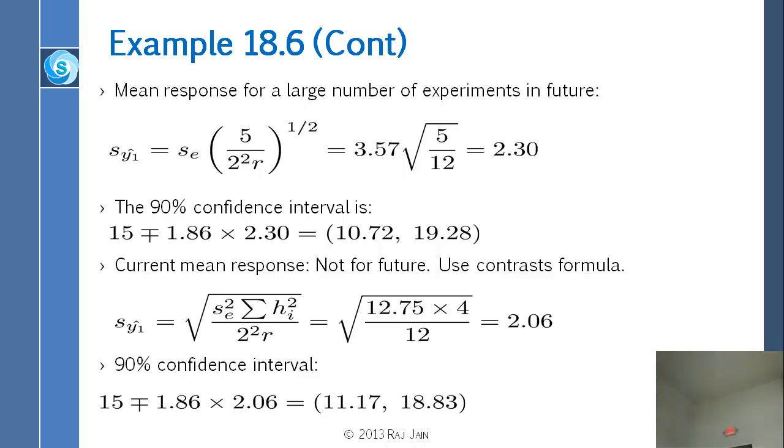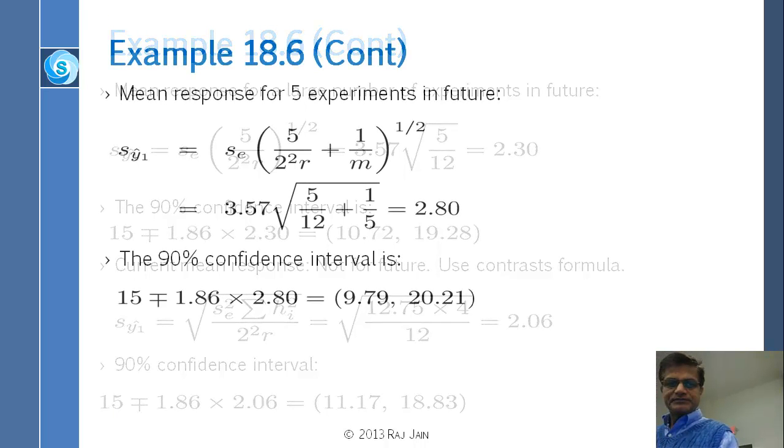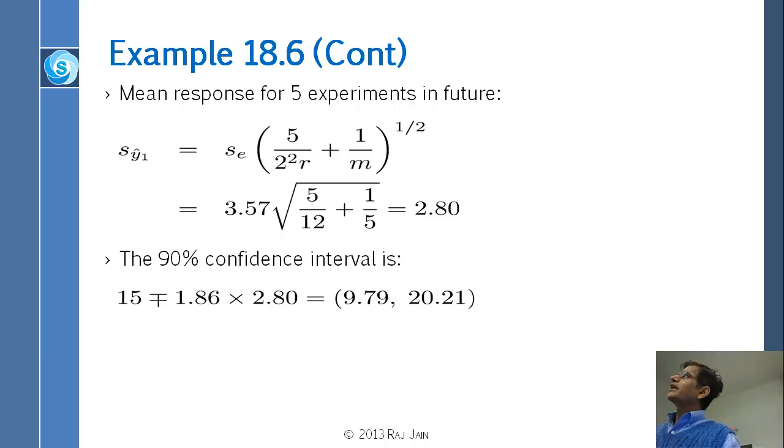If you put m equal to 100, 5 by 12 is like half, and 1 upon 100 is 0.01. It will be close to infinity. So basically what I am doing here is going over everything that we did in regression, redoing it here with 2 raised to 2 experiments, and now with 2 raised to k experiments in a minute.